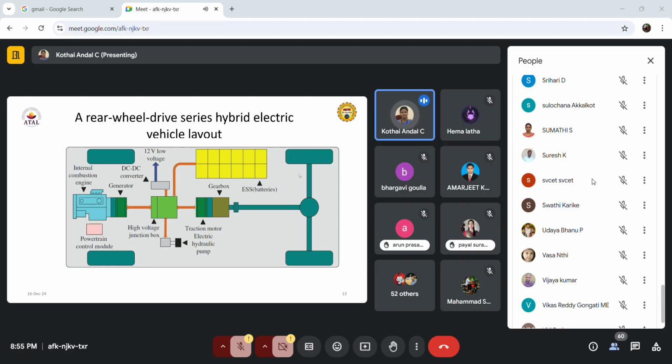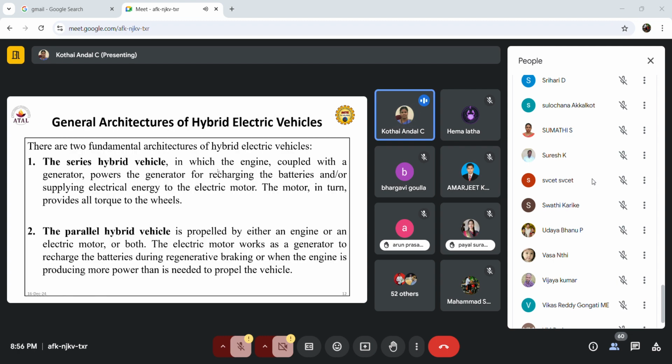The vehicle propulsion can be driven either by the IC engine or the battery. Here the IC genset is there, and the powertrain, we know, is the power electronics and controllers. The IC engine is coupled to the generator. We fuel the IC engine, the generator will charge the battery, and that will drive the motor. This is the motor part. The motor will drive the vehicle, either by engine or by battery. This is the series mode.